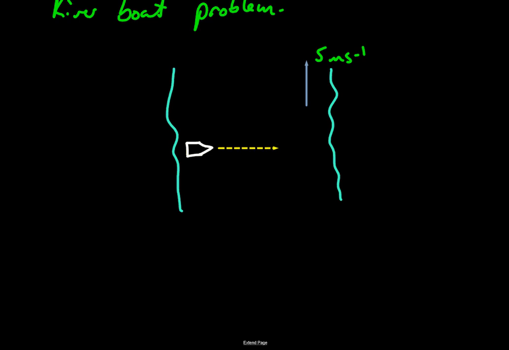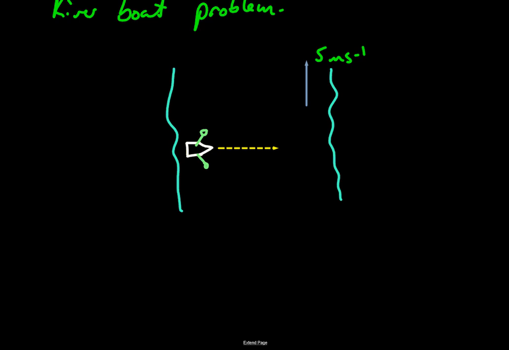Now, you've got to think about this a little bit. If you're the person in the boat, you just start to row. You do no correcting at all, using your little oars out in the water. As you row, from your perspective, straight across the river, you're actually on a surface that's moving in this direction.